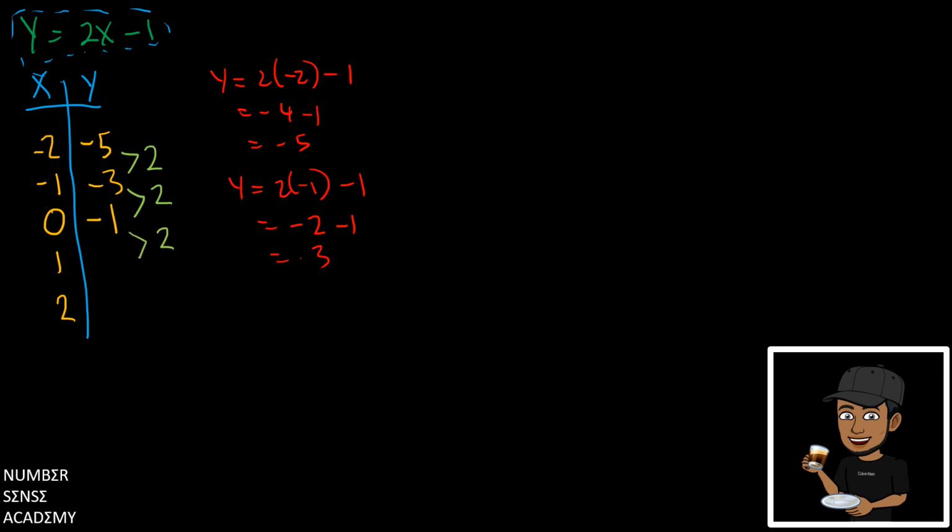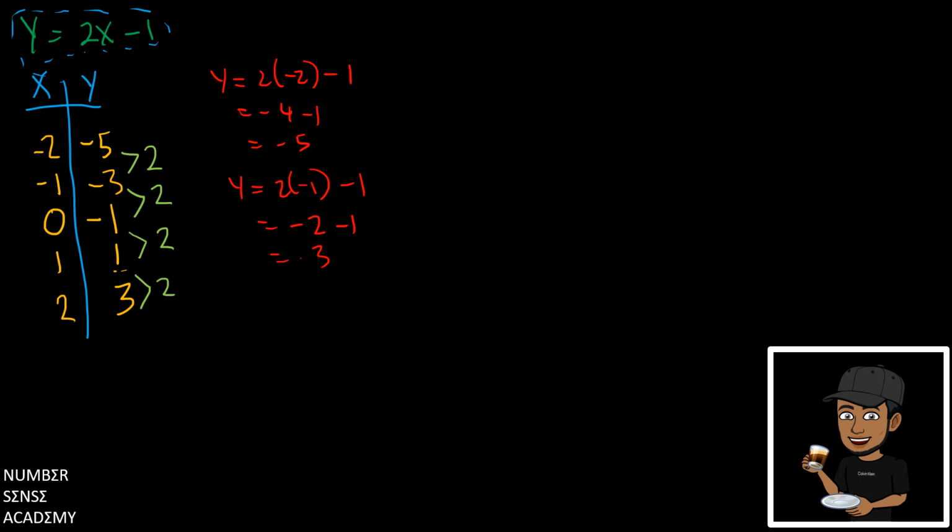I'm just going to add 2. I don't need to use the equation anymore. So when I add 2 to -1, I end up with 1. And when I add 2 to the positive one, I end up with 3. And everything is 2 values apart.